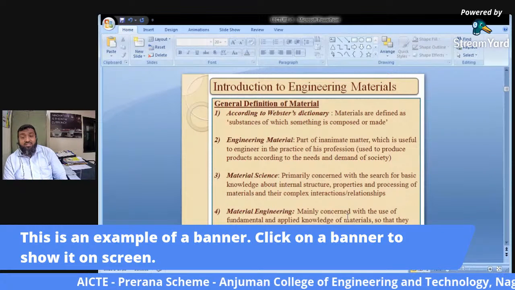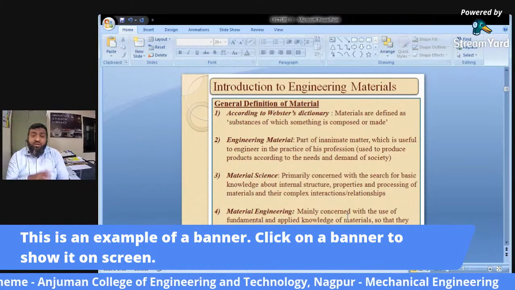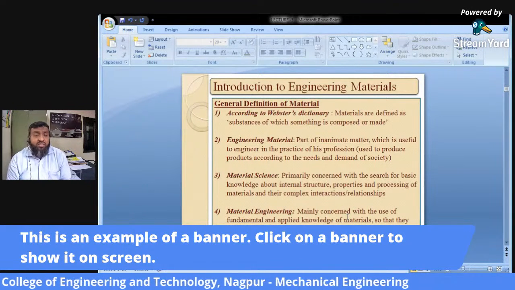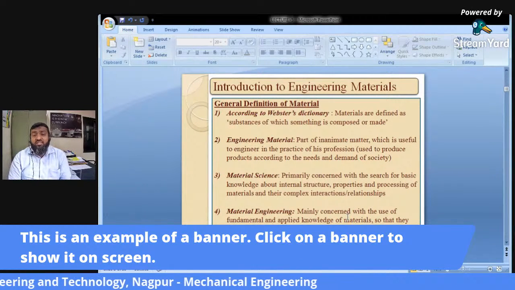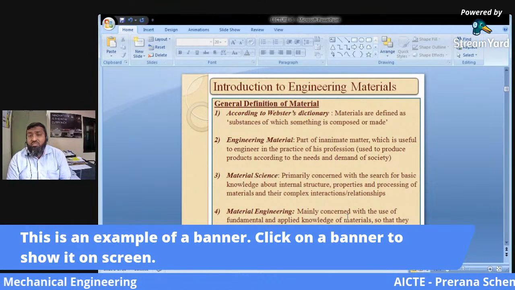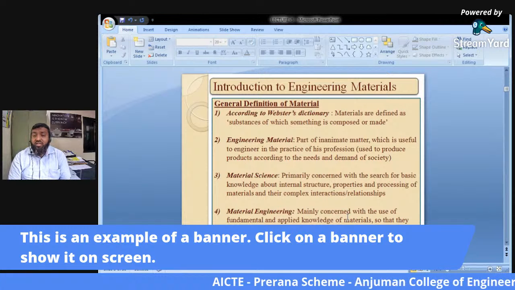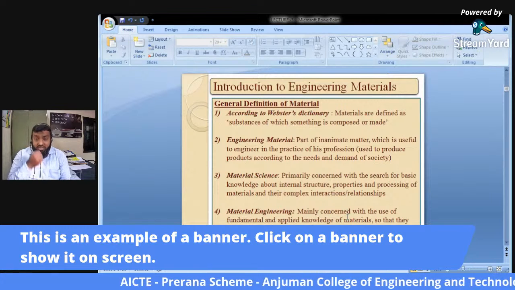Material science is primarily concerned with the search for basic knowledge about internal structure. Since the word science is there, it means we have to study the internal molecular structure, properties and processing of material and their complex interaction and relationship.